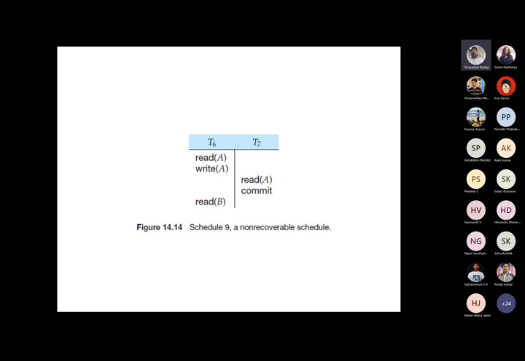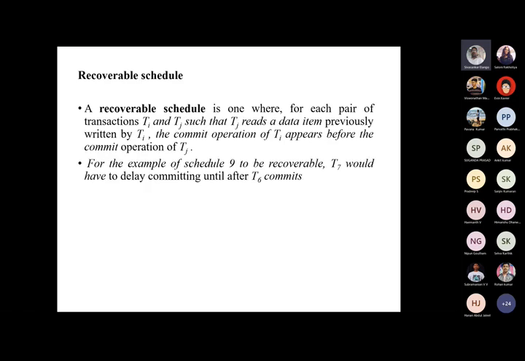So we have an inconsistent state. It is possible to abort only the transaction T6. It is not possible to abort the transaction T7, which is dependent on transaction T6. Hence, it's known as a non-recoverable schedule. Hope you can understand the difference between a recoverable schedule and a non-recoverable schedule.